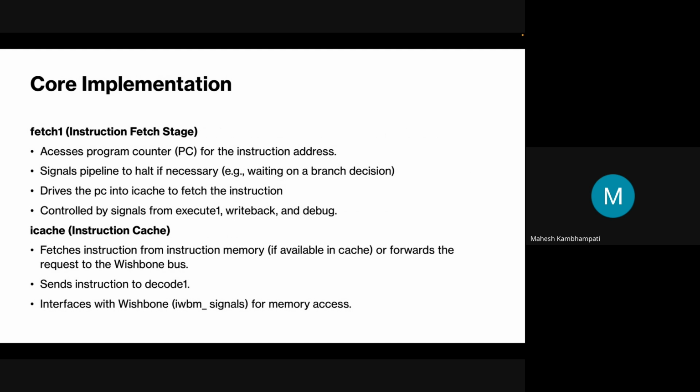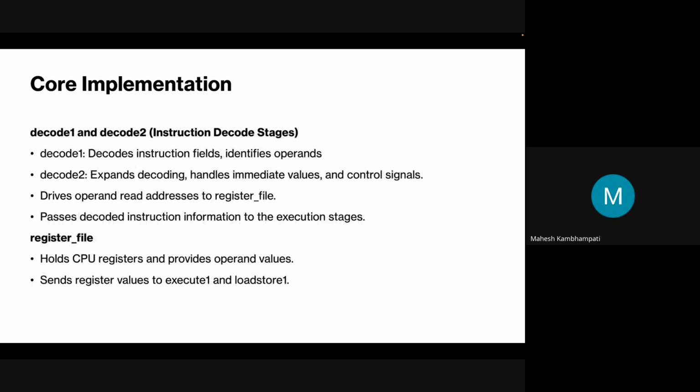iCache holds the instruction data, and when this address is given to it, it gives the data to the decode block. Our instructions are encoded in machine code, and it has some bit fields to say what is the type of operation, what are the registers, and what are the addresses that need to be used.